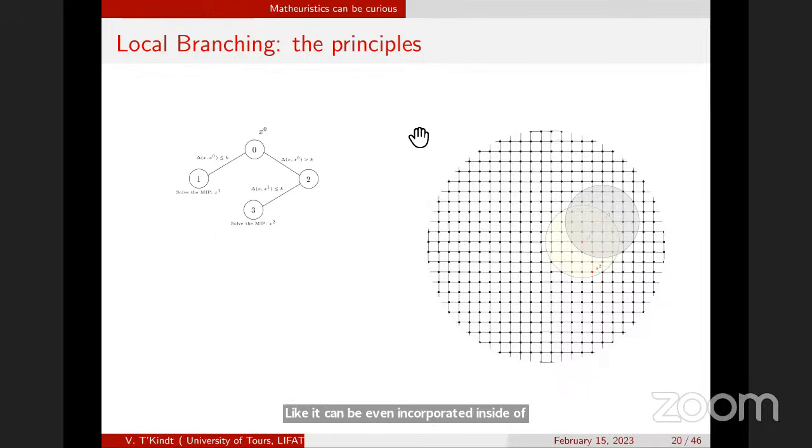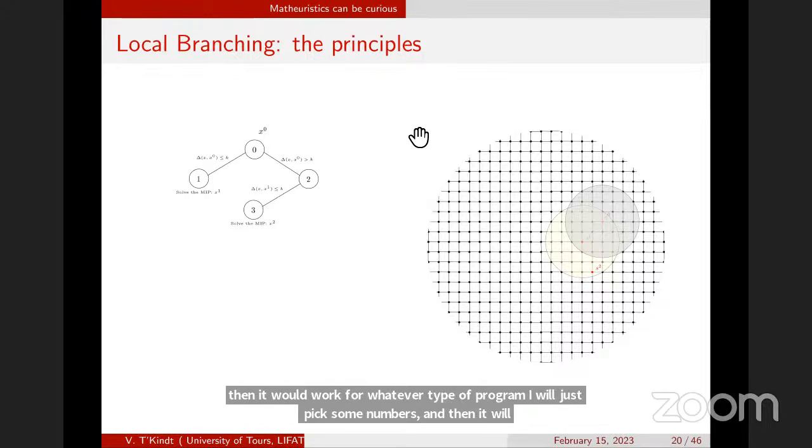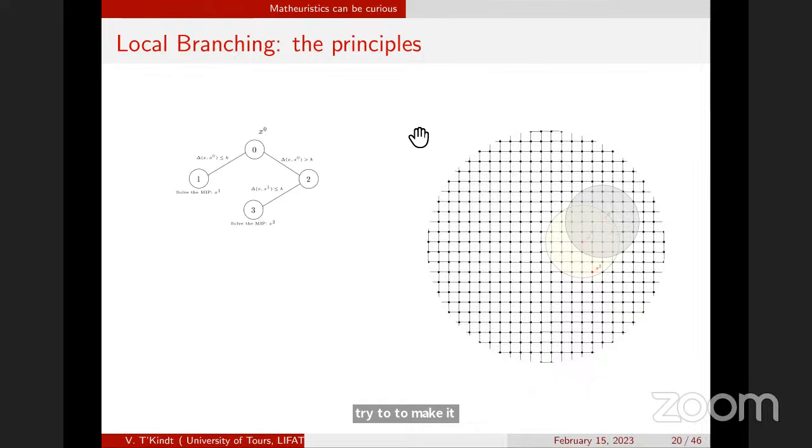I will just tweak some numbers and then it will try to make it, or to which extent do I need to incorporate my prior knowledge of the problem? And is this knowledge needed for this neighborhood selection or for diversification phase? Or if you can a little bit brainstorm on that.